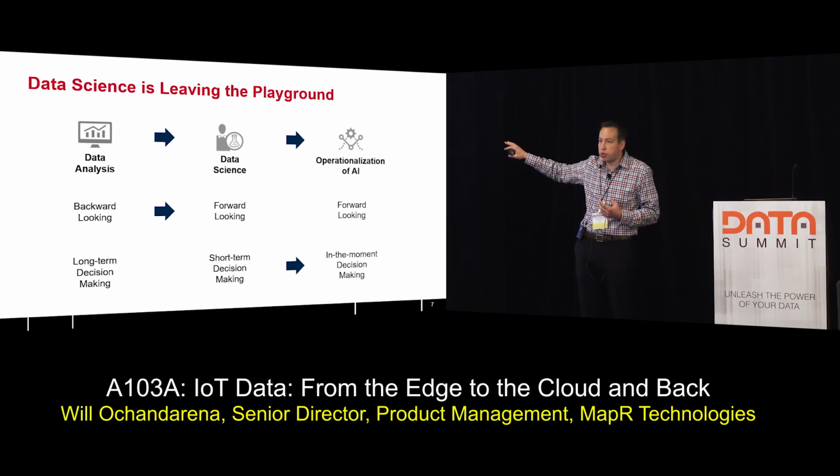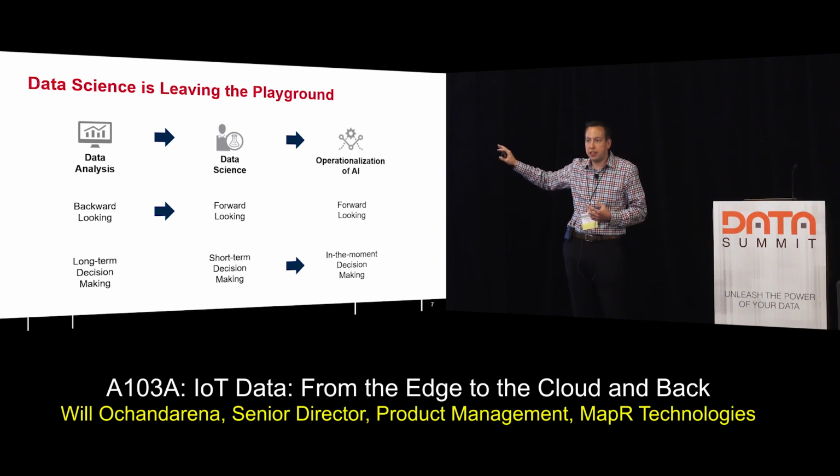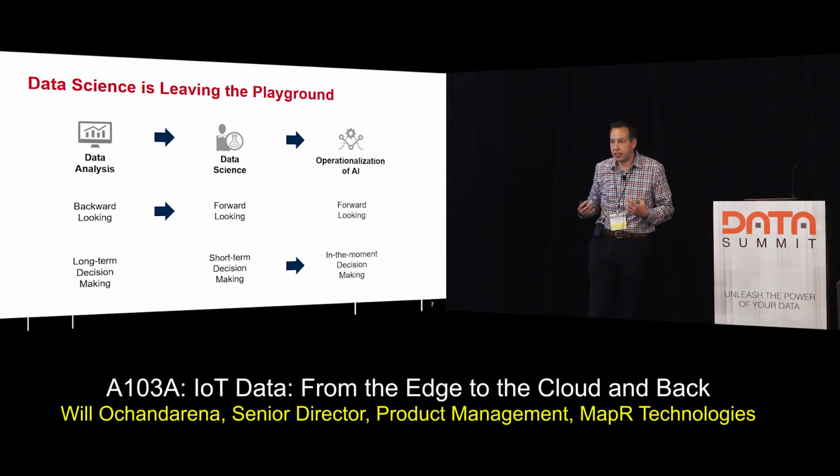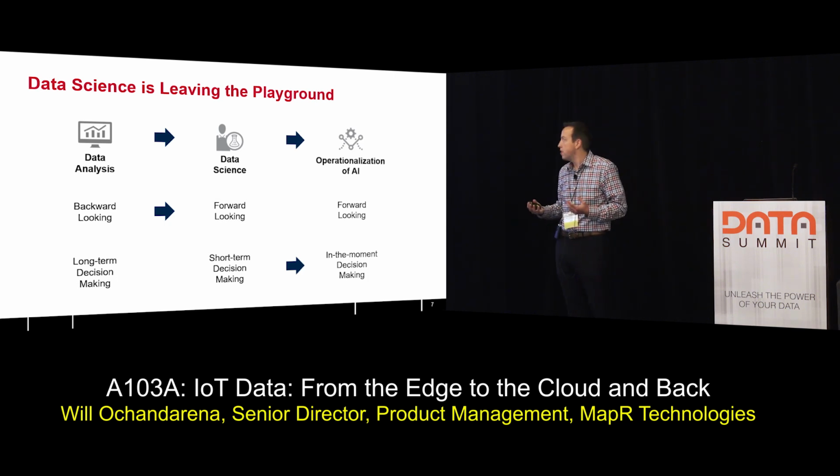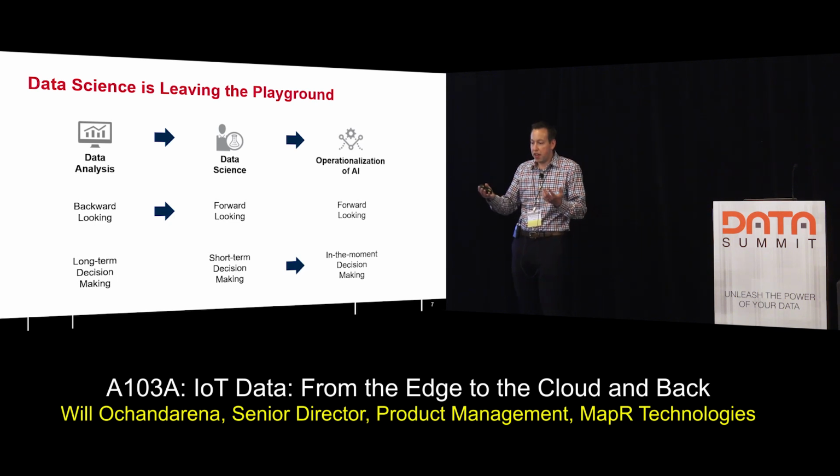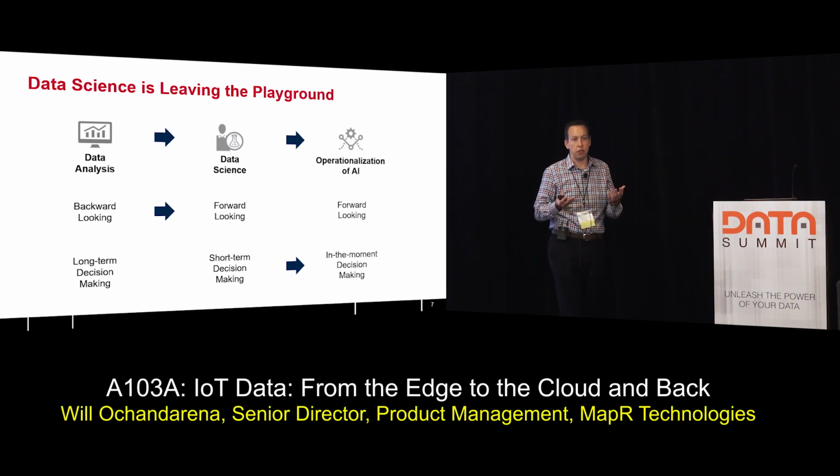As companies mature a little bit, they start hiring data scientists, and those data scientists start collecting that same data and building models on it. What you quickly move to is backward-looking analytics becoming more forward-looking analytics, because these models are used to make predictions. But basically, somebody builds a model, that model's sitting on their laptop, and they can use it to do things like forecast what sales are going to look like next quarter.